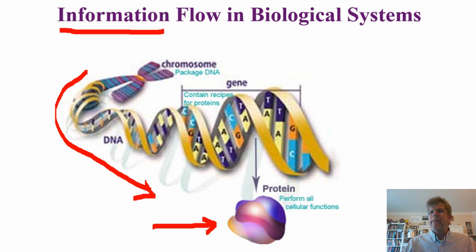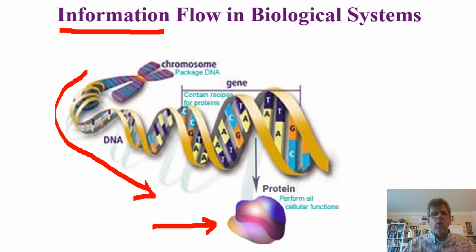If I just want to make one recipe, I don't need to carry around the entire book with me all the time. I can make a photocopy of one of the pages and carry out just one recipe. Our entire DNA transcript can be thought of as that book of recipes, and that book of recipes codes for all of the proteins that go into our makeup.